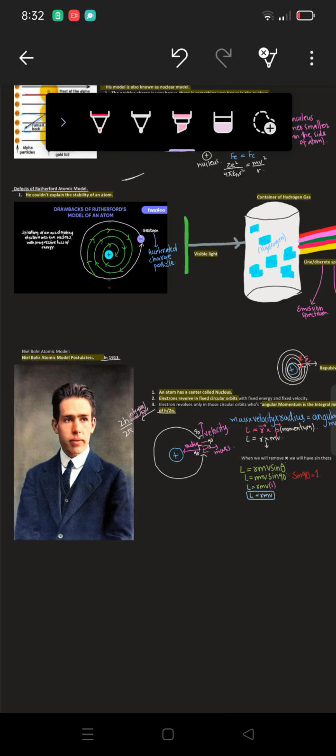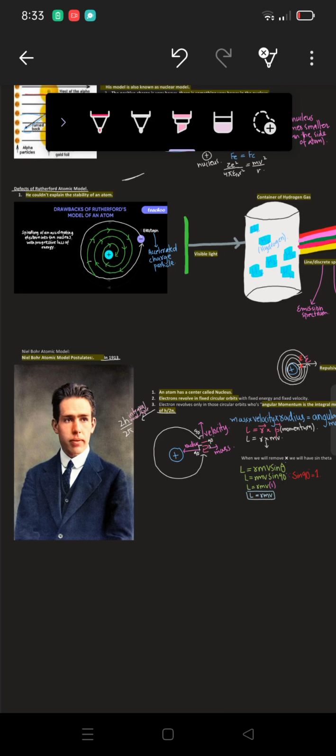but it cannot revolve in 1.5 h by 2 pi. It cannot revolve in a fractional multiple of h by 2 pi.